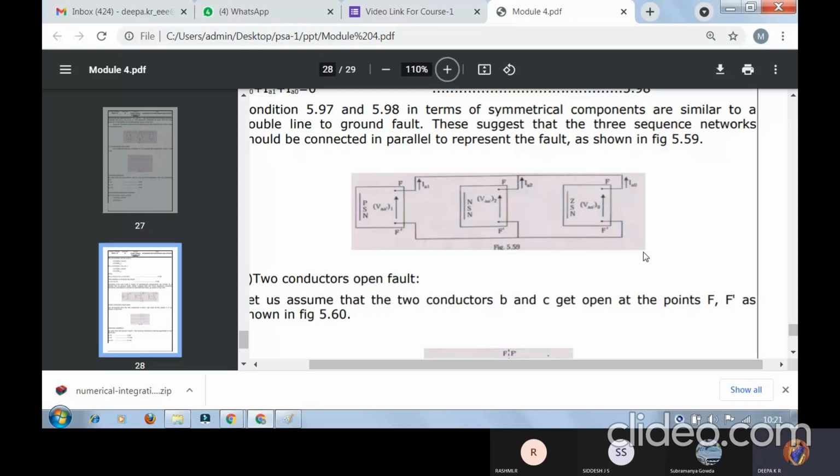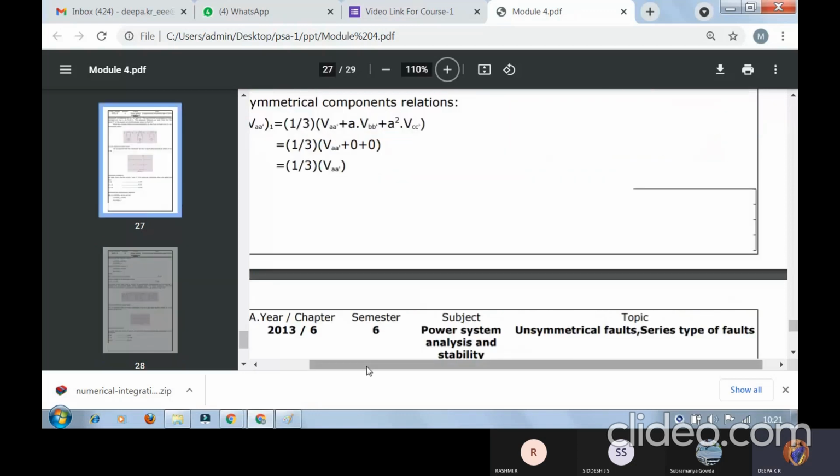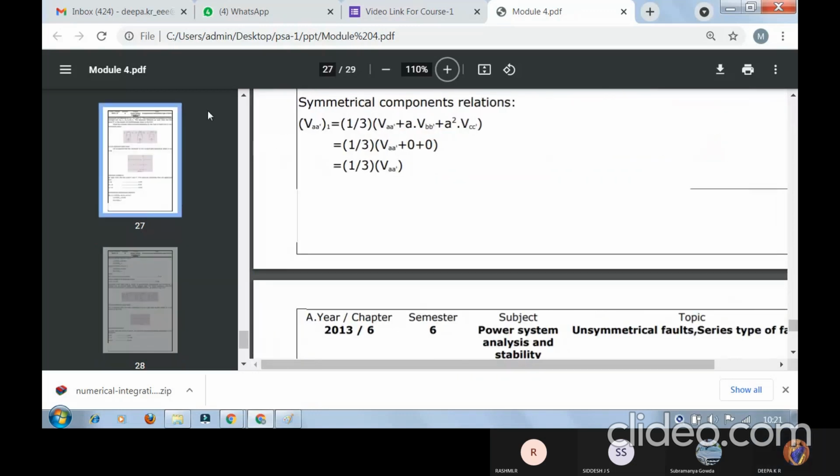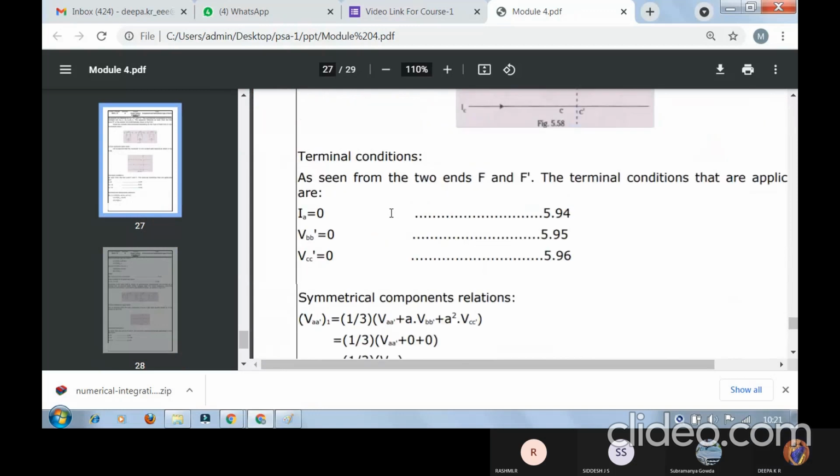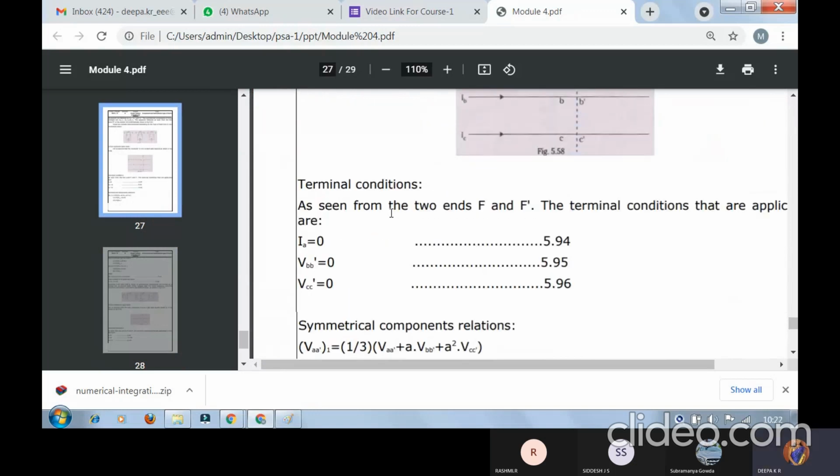Okay, guys, just copy down the simple equations here. Have all of you taken the diagram?